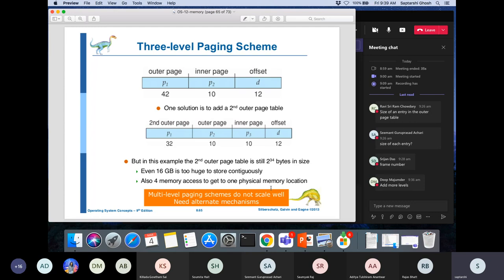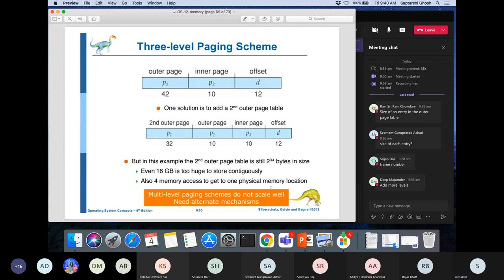But as we understood, with really large logical address spaces like 2 to the power 64, this is also not enough. You just cannot go on adding multi-level page tables and increasing the levels because it comes at a big cost. For each data access now you require 4 memory accesses. That is practically not feasible.